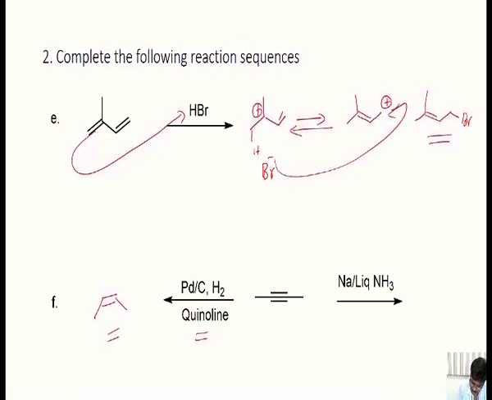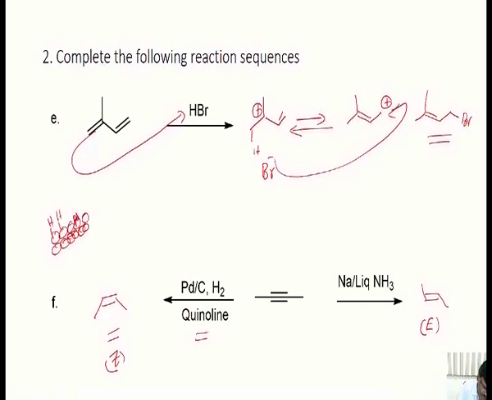On the other hand, when you react with sodium in liquid ammonia, you will be able to form this trans-2-butene as the product. So when you look at the mechanism of this transformation, you have the palladium on charcoal, which is absorbed with the hydrogen.